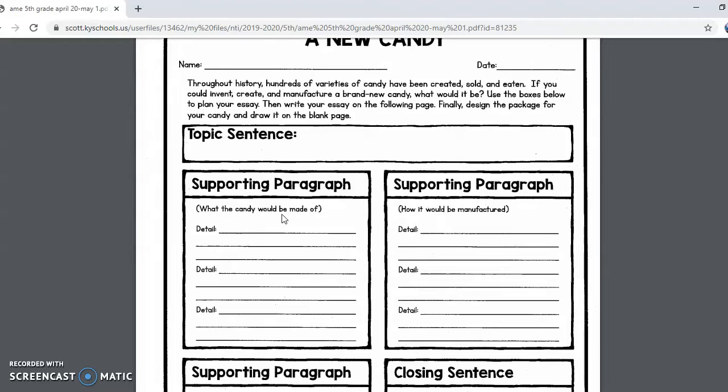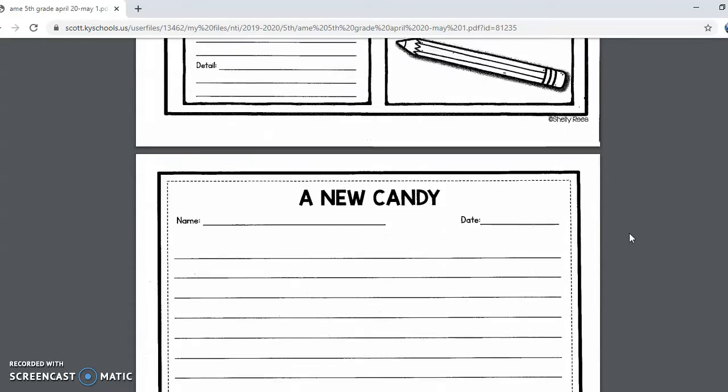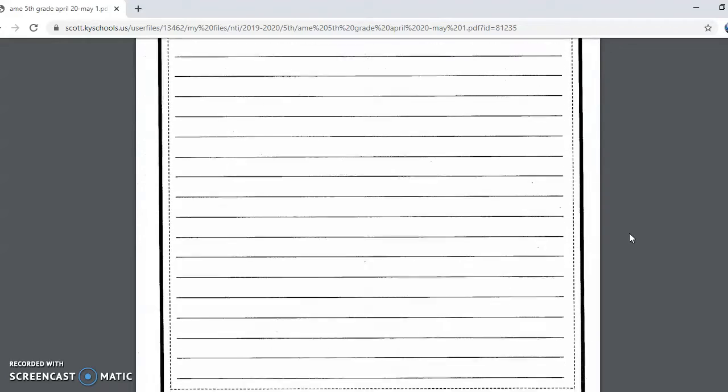So maybe if you wanted your candy to have pretzels in it, you could talk about the first time you had a chocolate covered pretzel and how delicious it was, as an example or a flashback depending on when it is. Make sure you're doing that today. Tomorrow you'll be talking about how it would be manufactured. Writing paper is available if you need it.